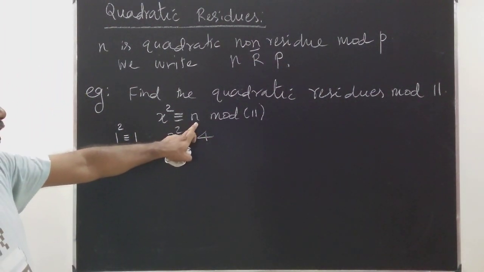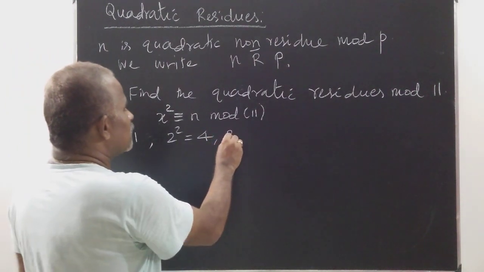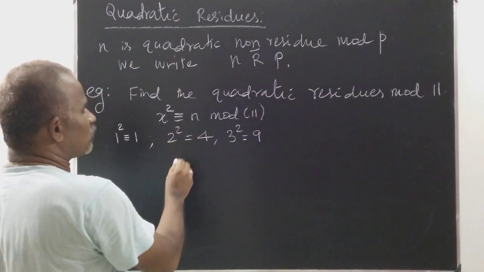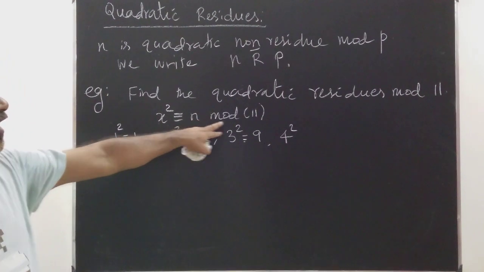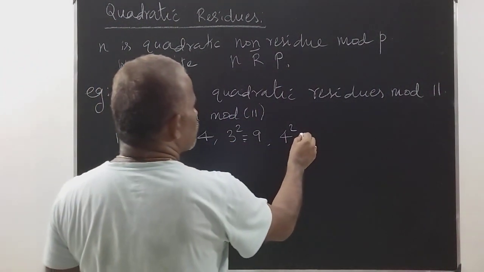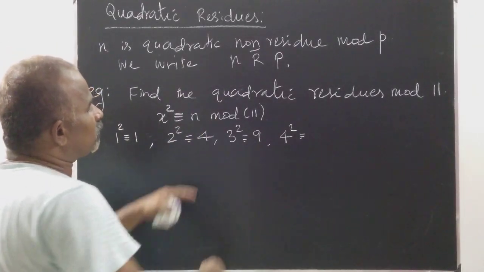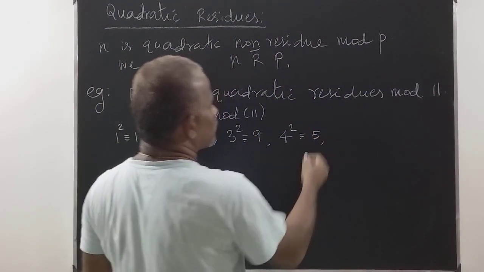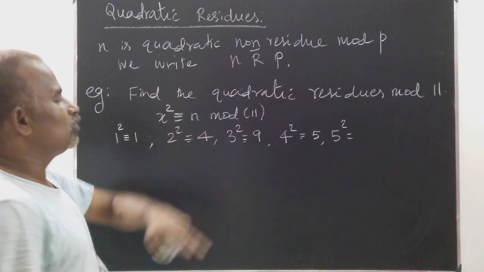If n is equal to 4, we can take x equal to 2. 3 squared is 9. 4 squared is 16. When 16 is divided by 11, what will be the remainder? 5. Then 5 squared is 25, minus 22, that is 3.